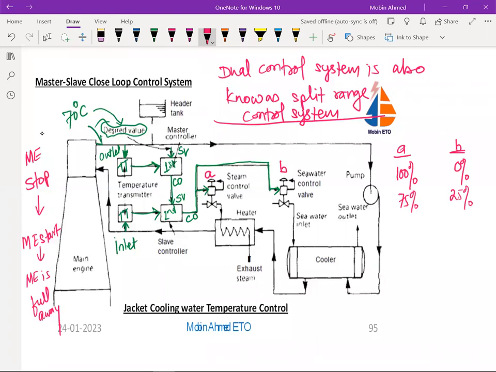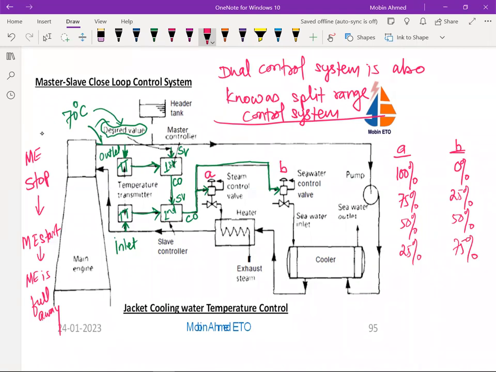Now next what will happen? Suppose the main engine maneuvering is completed and it is going towards full away. Again, this valve will be 50% and this is going to be 50%. When the temperature is much higher, this will go 25% and this is going to open 75%.